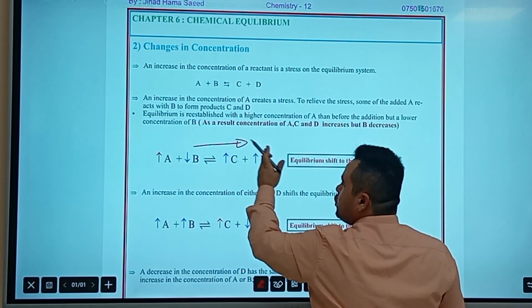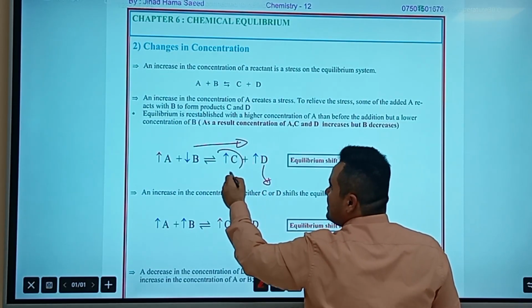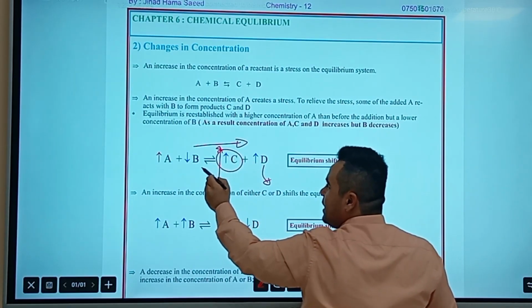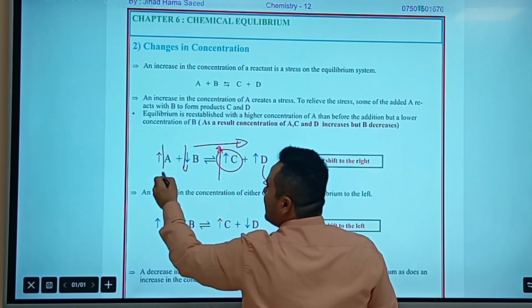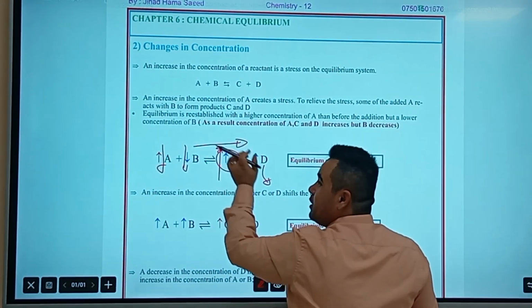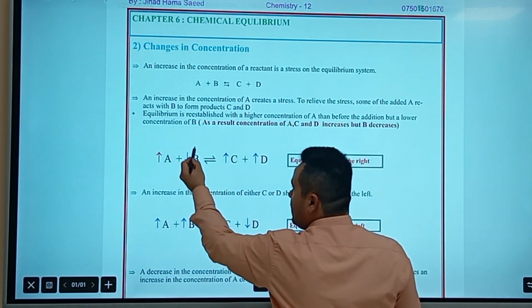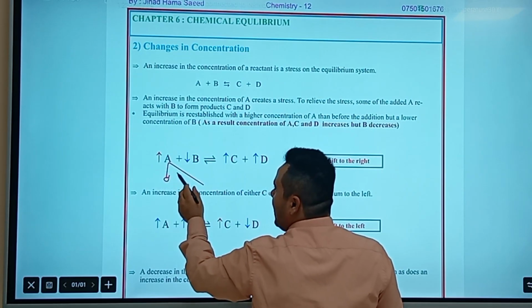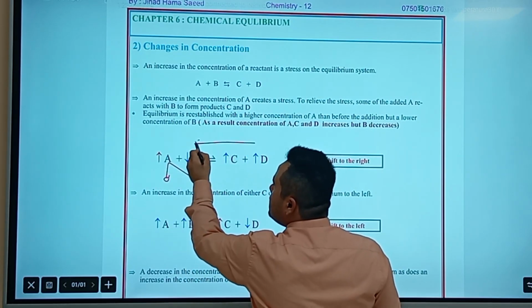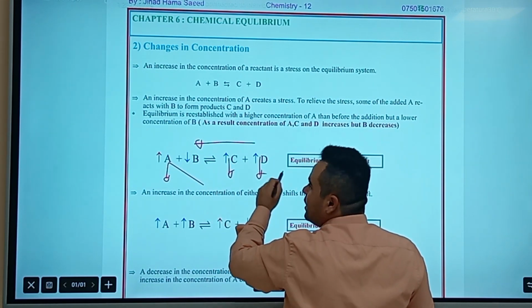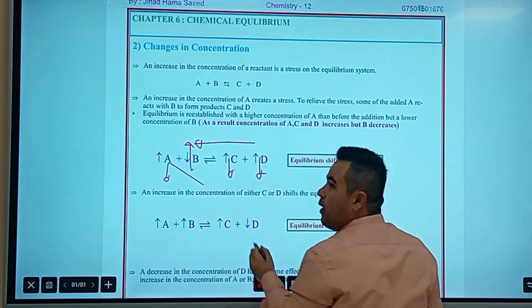So when the direction shifts toward it, C increases. Why? Because there will be production of more C, and B and A decrease, as both are consumed. If we reduce something in the reactant, A for example, the shifting goes toward the reactant side, so C and D are consumed, and B increases as well.